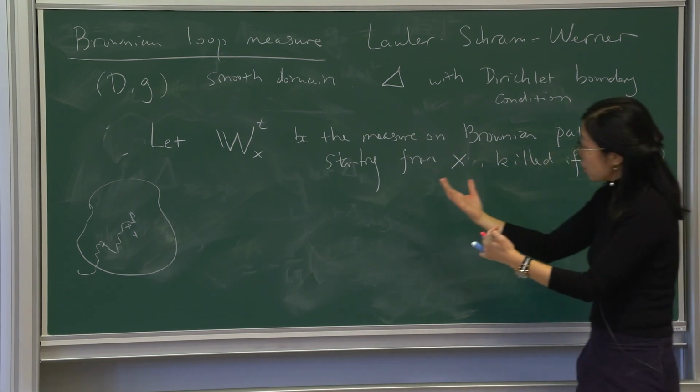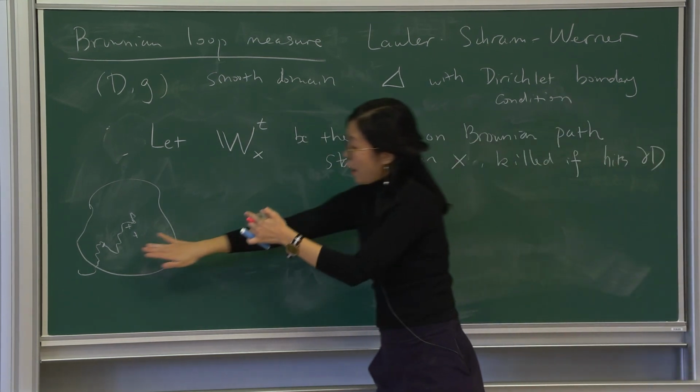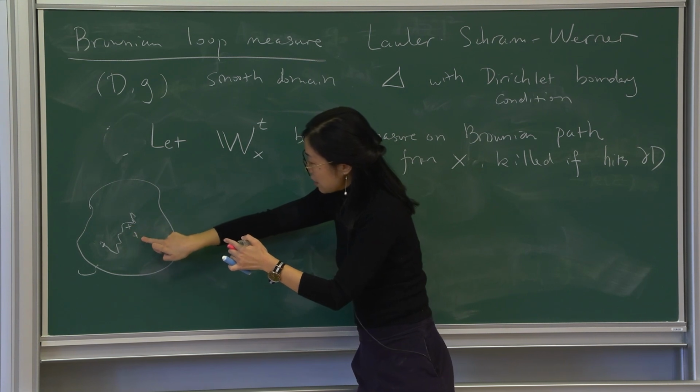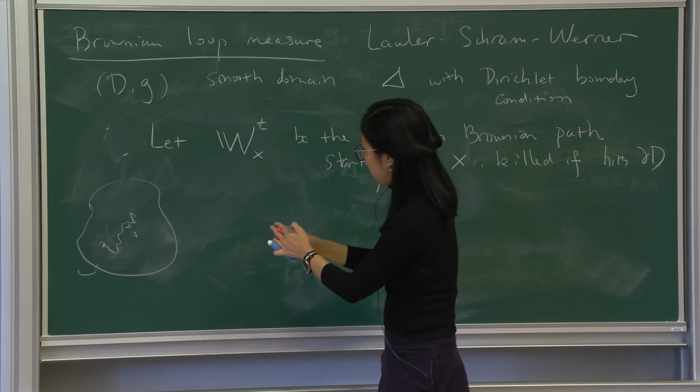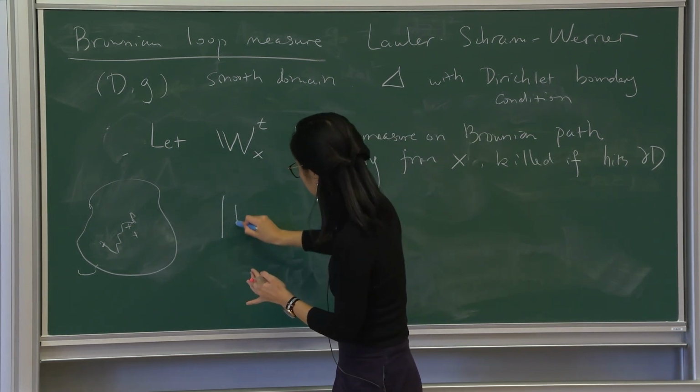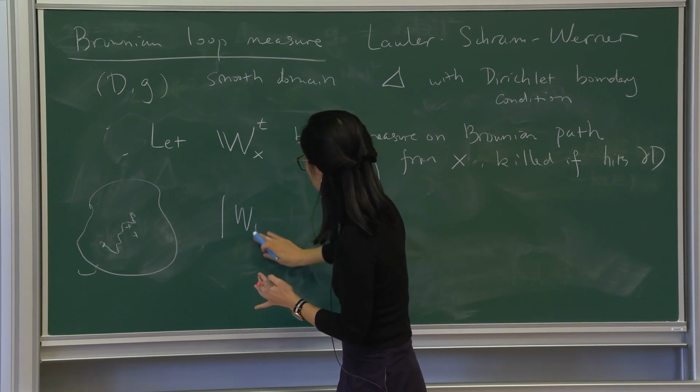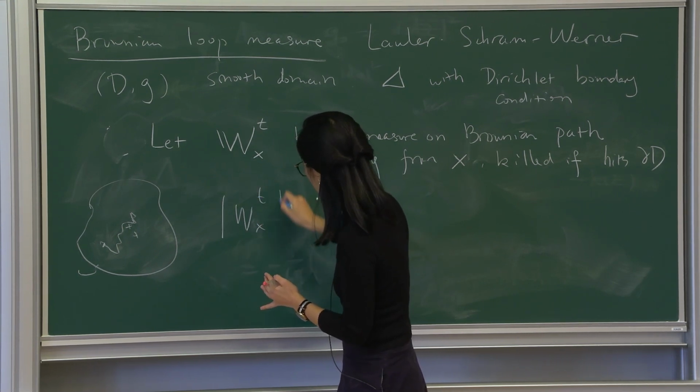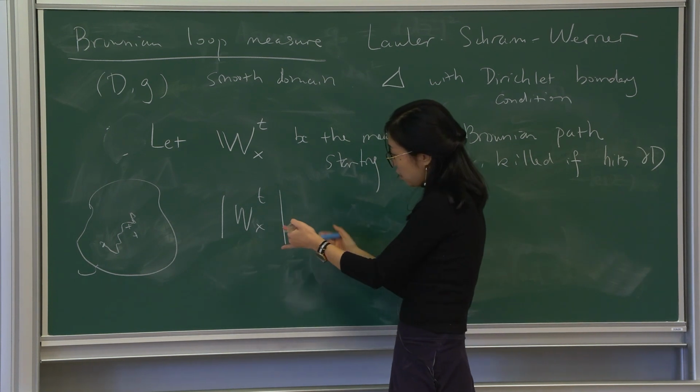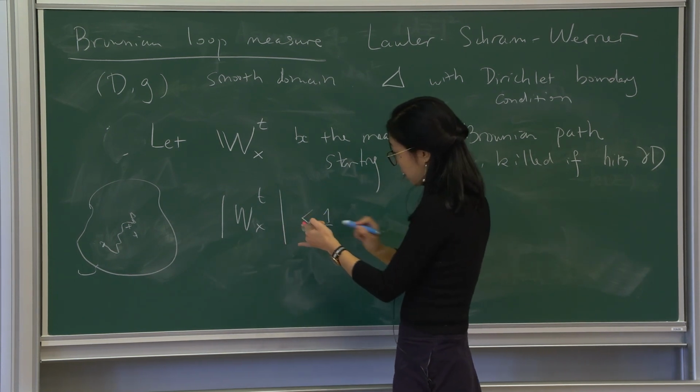This is a measure on a family of paths which all start from x, and its total mass I would denote by this. This is a total measure. This is a number which is less than or equal to 1.